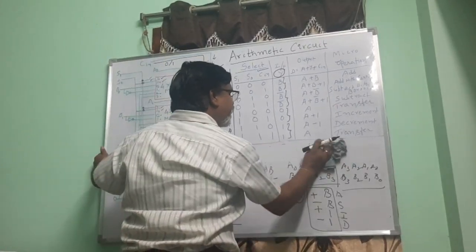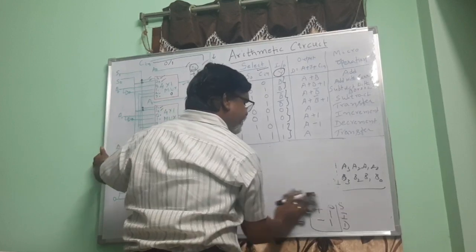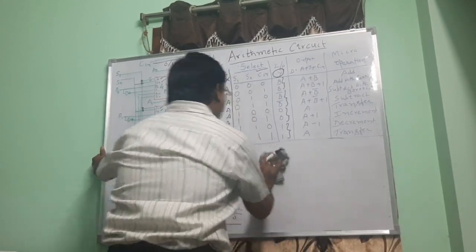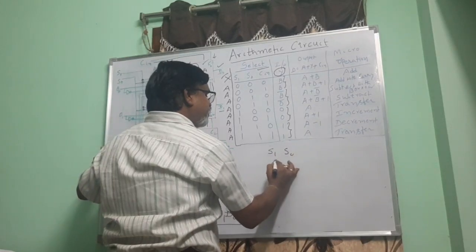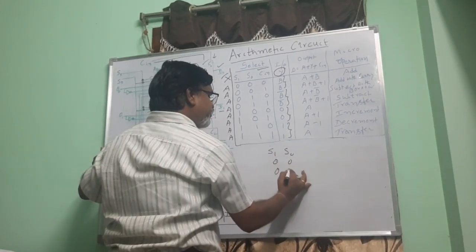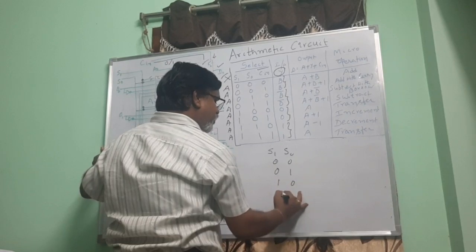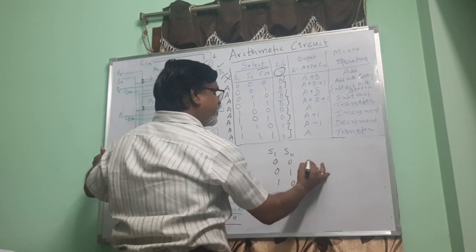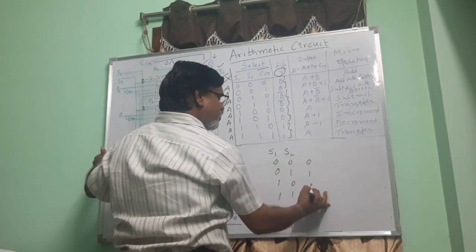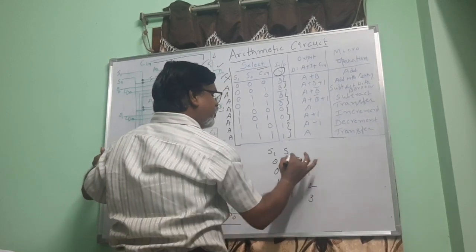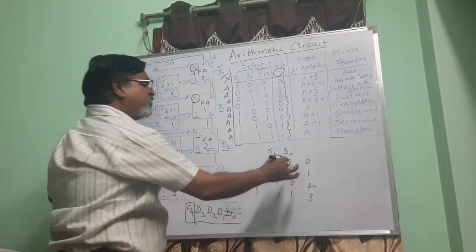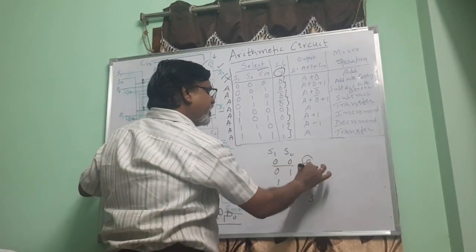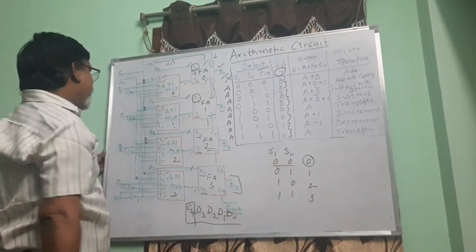The truth table for a 2-bit select is S1, S0, giving combinations 0 0, 0 1, 1 0, 1 1. The binary equivalents are 0, 1, 2, 3. So if these two are 0 0, whatever input is at the 0th position should be activated.